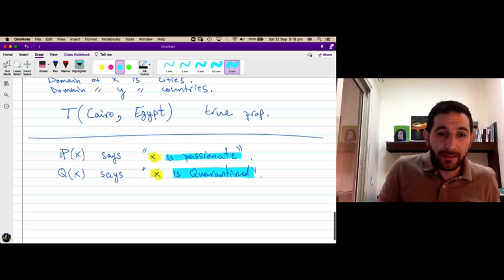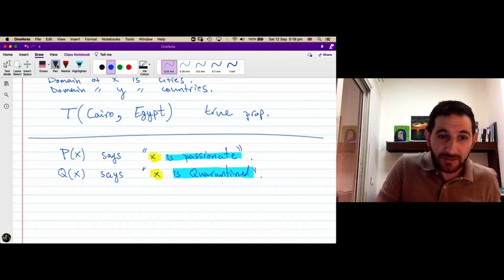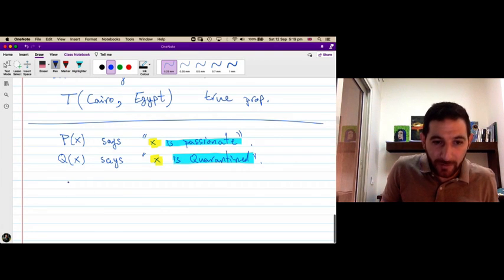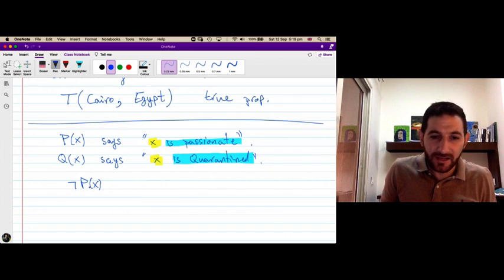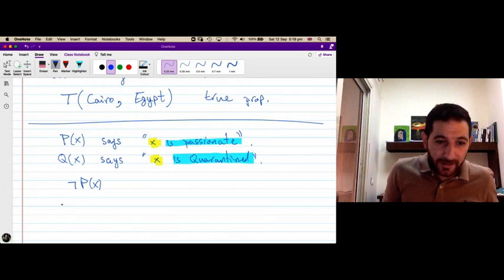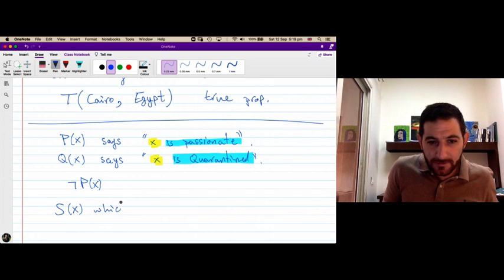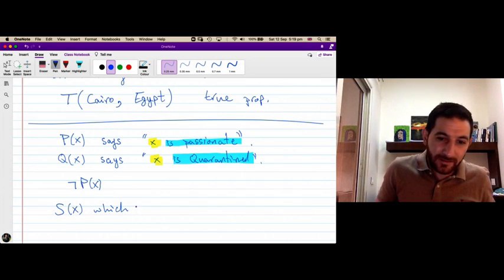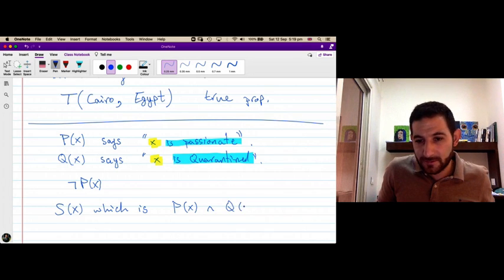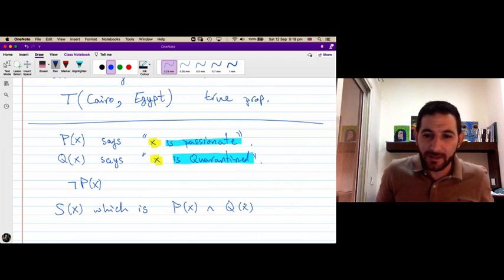Now we can think of P of x and Q of x as propositions and apply propositional connectives, or logical connectives. For example, we can write not P of x, which means that it is not the case that x is passionate. We can also create a new predicate S of x, which says that x has property S if P of x and Q of x. P of x is a predicate, Q of x is a predicate.